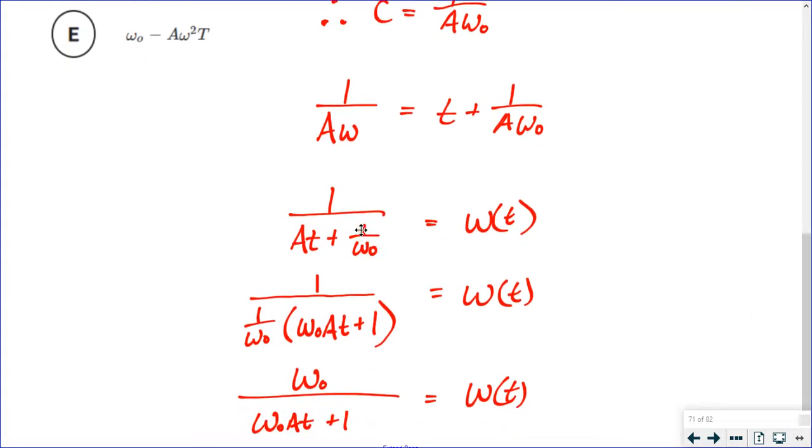If you divide by fractions, it's the same as multiplying by the reciprocal, and you end up with this. And that's one of your answers. So this would be your function. If you gave me any time, I'd calculate it by plugging in your t value right here, and I could tell you the angular velocity at any moment in time.